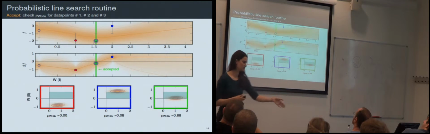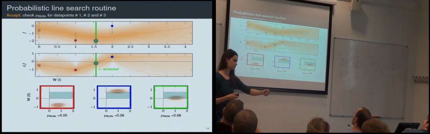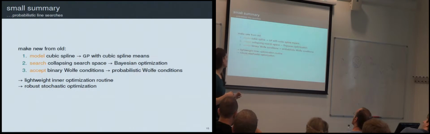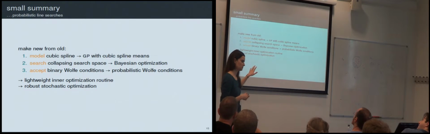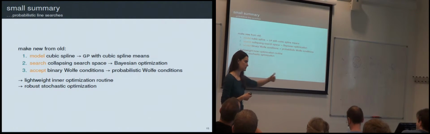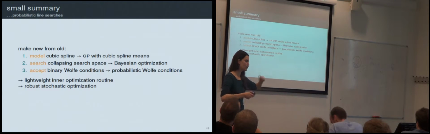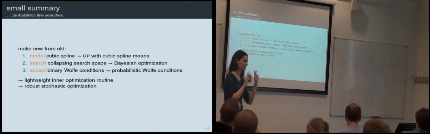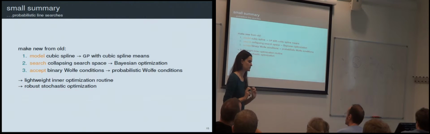You evaluate once, and it just checks some Wolfe conditions and says, yes, good, and goes on. And in the end, that's also what it does in 80 to 90% of the steps. It just accepts. Only if the step is very wrong should it evaluate once more and waste one function evaluation. Otherwise, you're much less efficient.